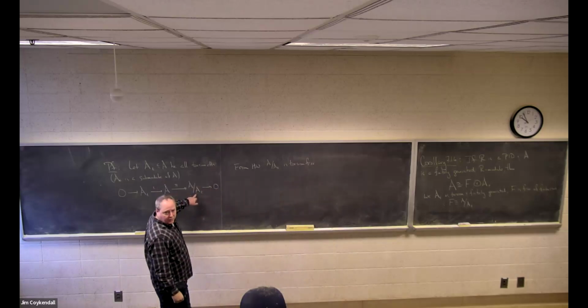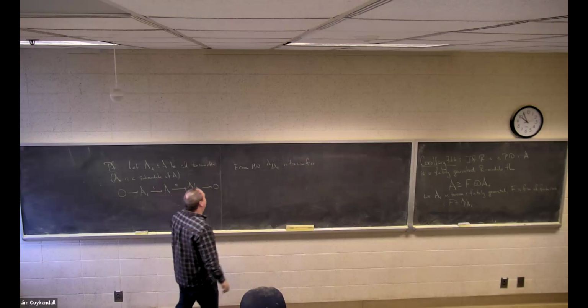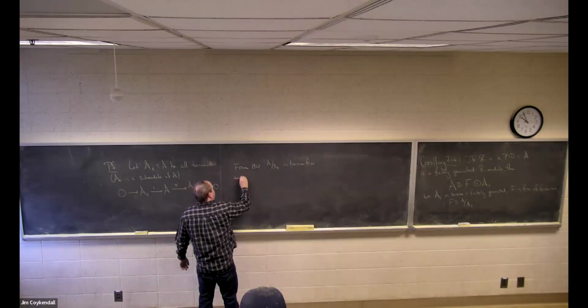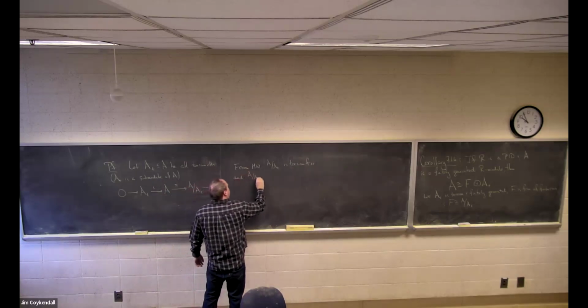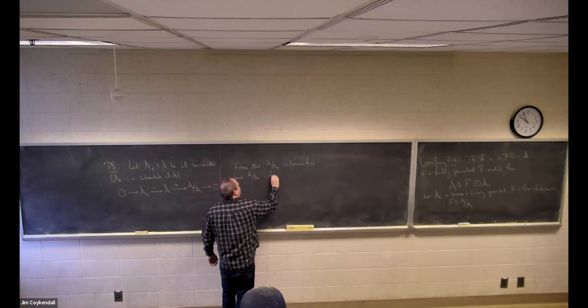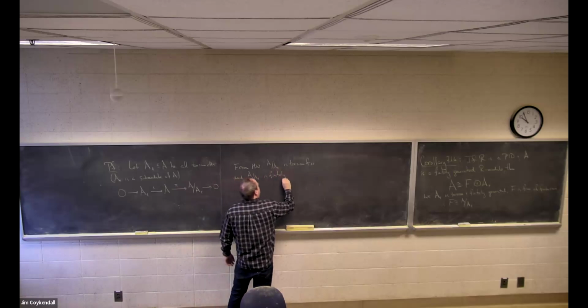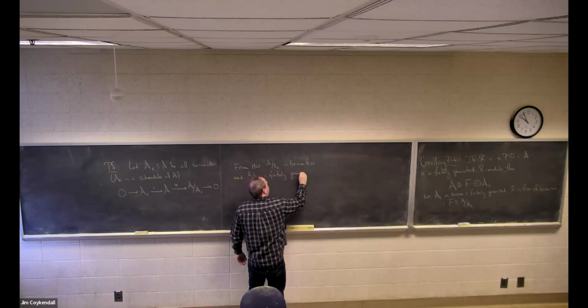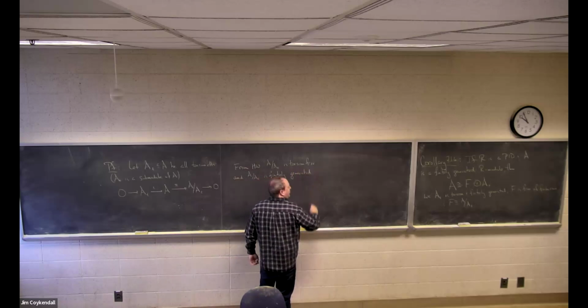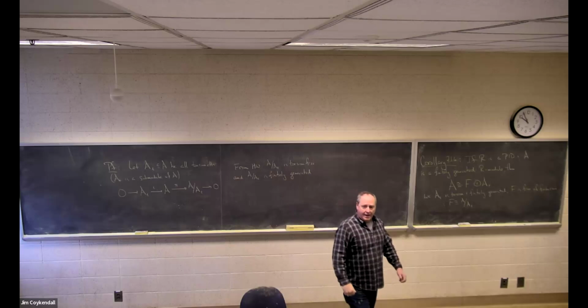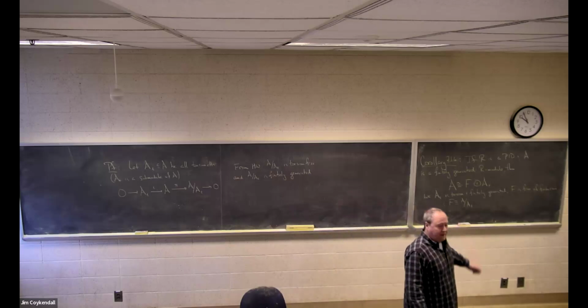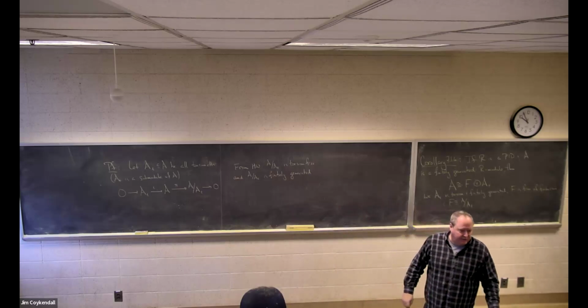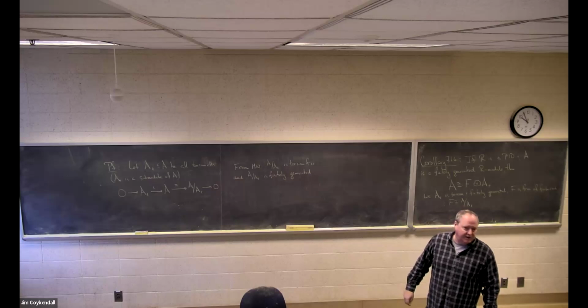So this piece is torsion free. And A mod A-torsion is finitely generated, because A is finitely generated and A mod A-torsion is a homomorphic image.